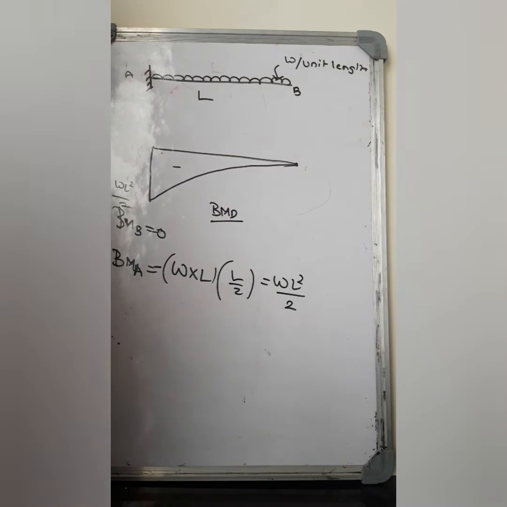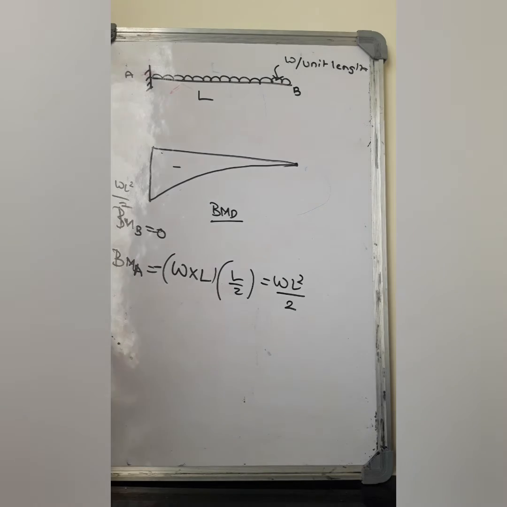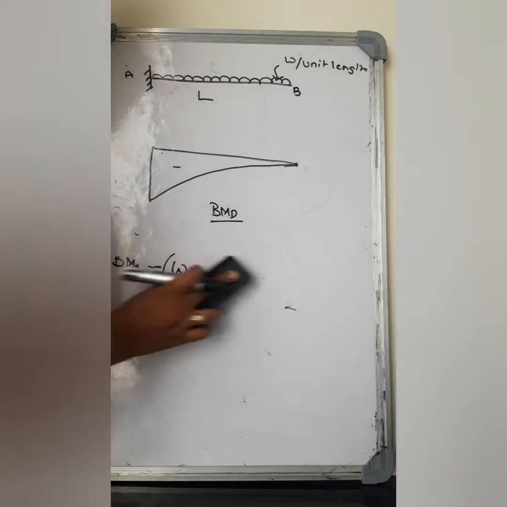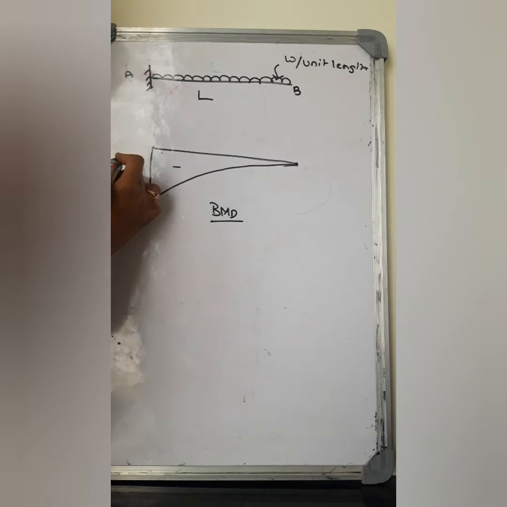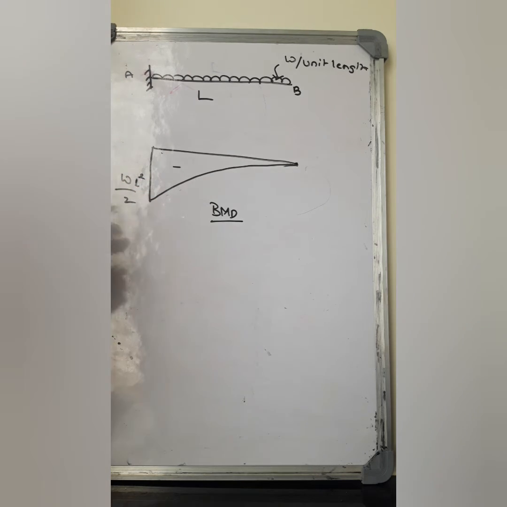Now, after calculating the bending moment, I am going to calculate the M by EI diagram. Now how are we going to calculate this? This is the BMD, this is WL square by 2.